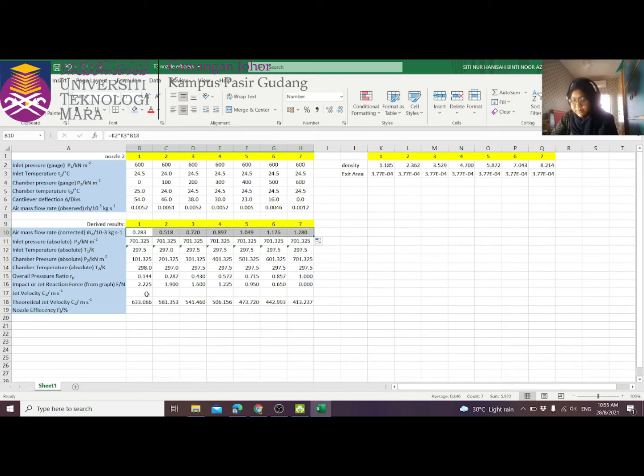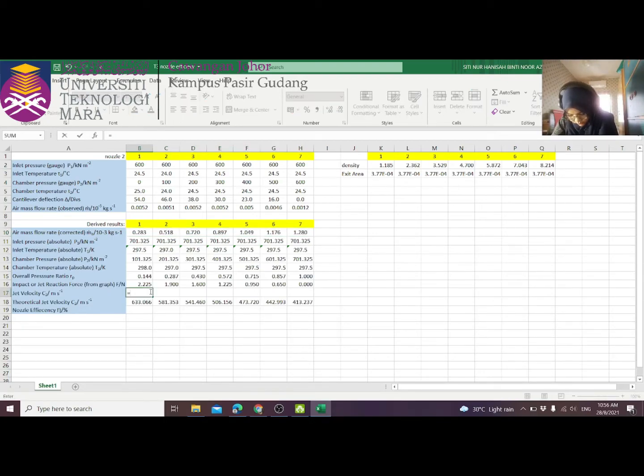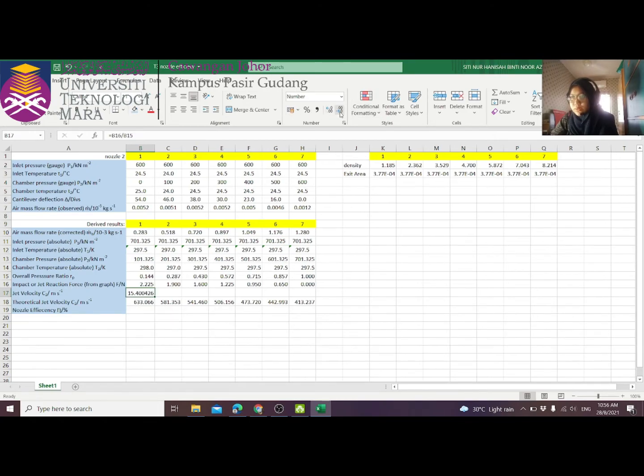For the jet velocity, this one is the impact or jet reaction force over overall pressure ratio. Enter. Okay. And then drag it to the back.